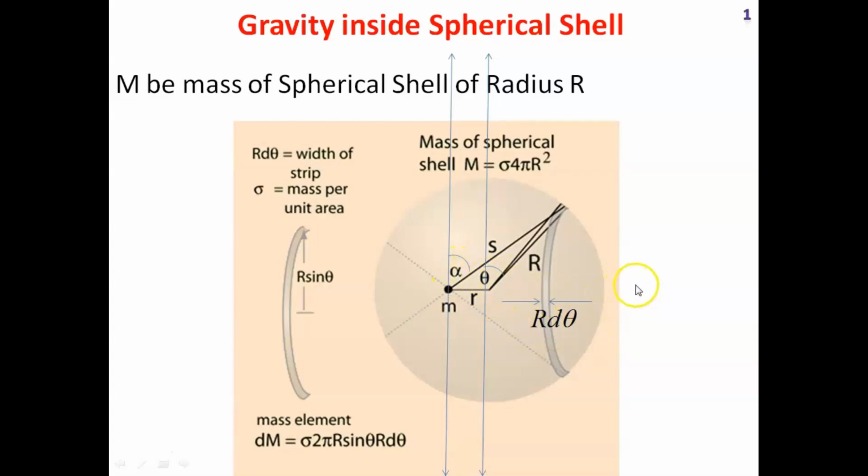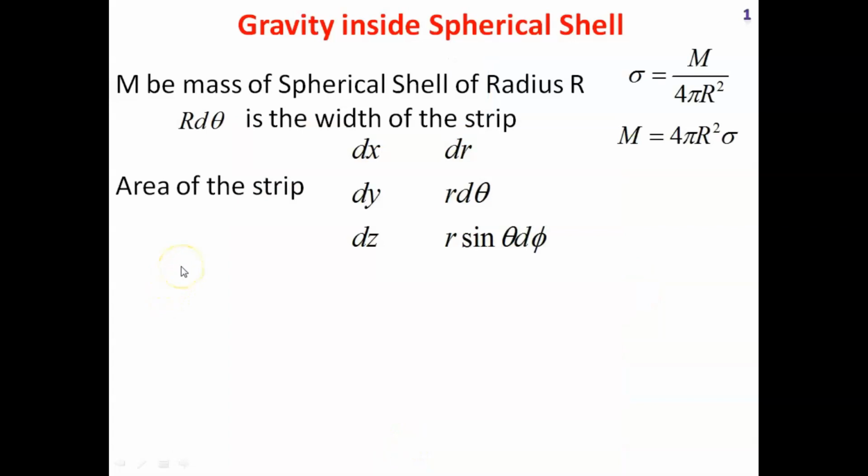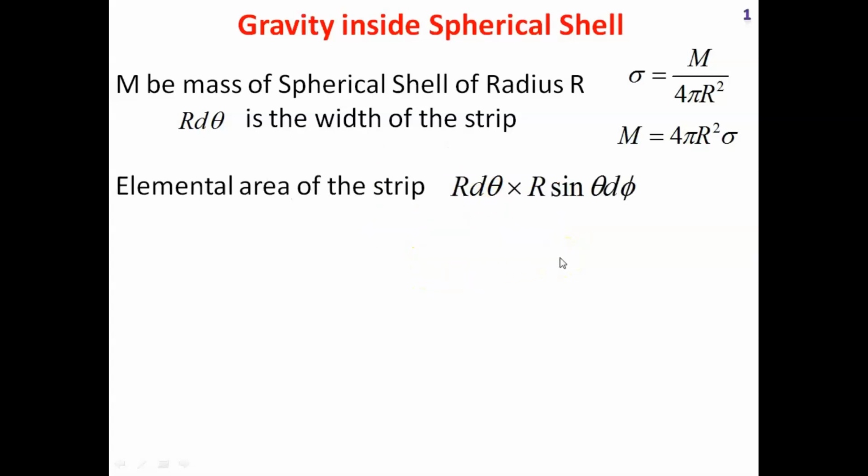So dm, now how the area of the strip has been worked out, I will explain it quickly. In Cartesian coordinates, if we take the product of two quantities, that becomes area. And now on the spherical shell of radius r, I am flipping here to small r from capital R, and r d theta into r sin theta d phi will describe the area.